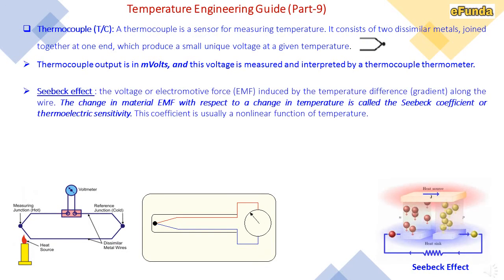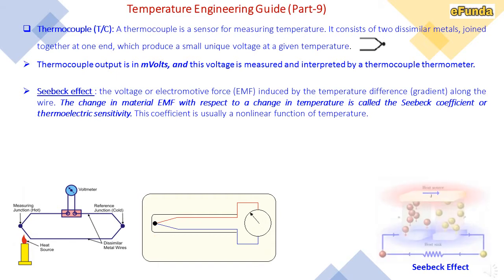Seebeck effect: the voltage or electromotive force, that is EMF, induced by the temperature difference, that is a gradient, along the wire. The change in the material EMF with respect to change in temperature is called the Seebeck coefficient or thermoelectric sensitivity. This coefficient is usually a non-linear function of temperature.